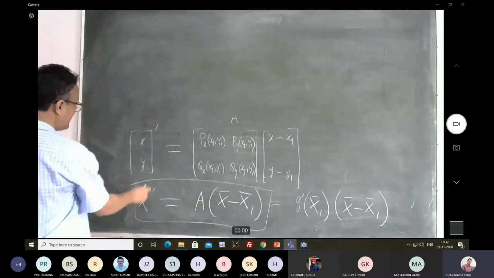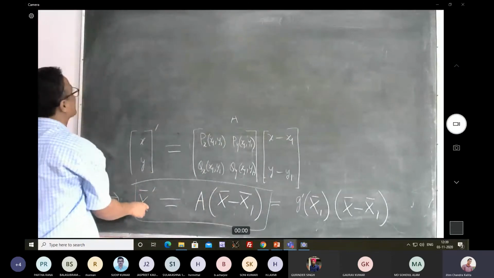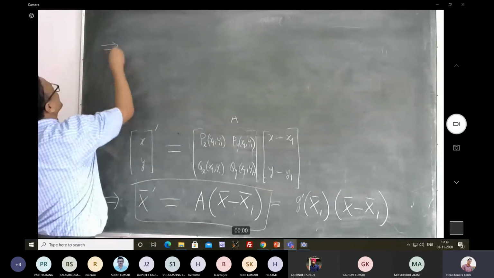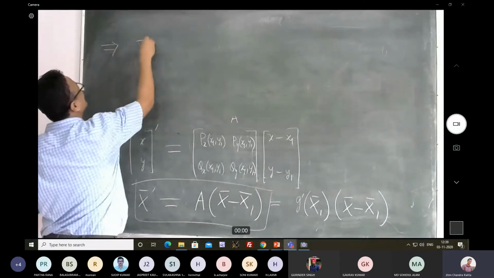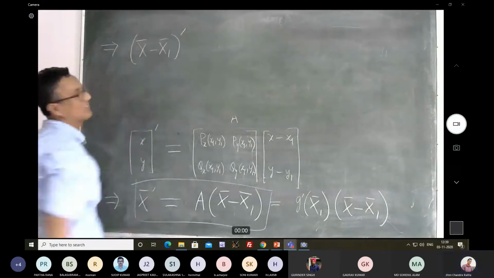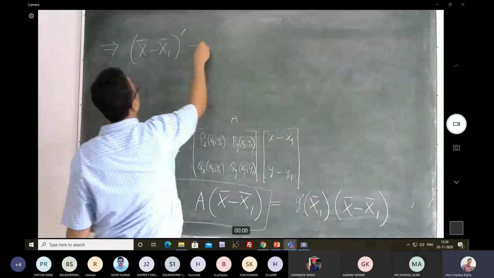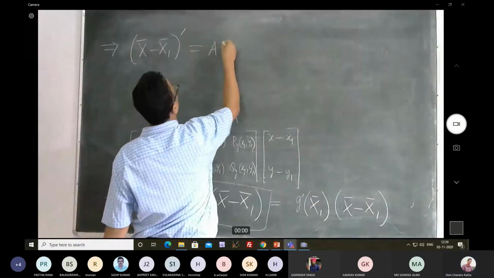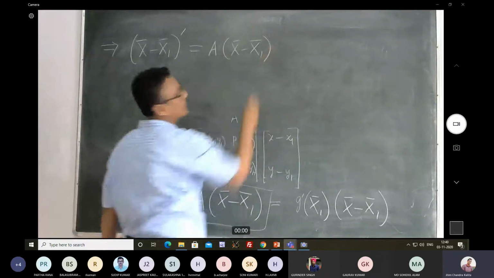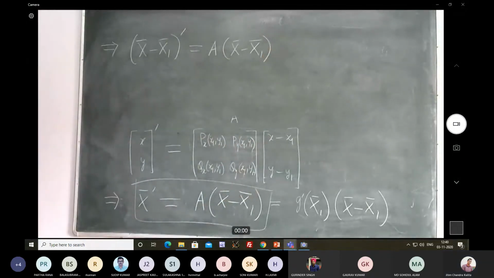Say this left hand side can also be written like this, isn't it? Right?